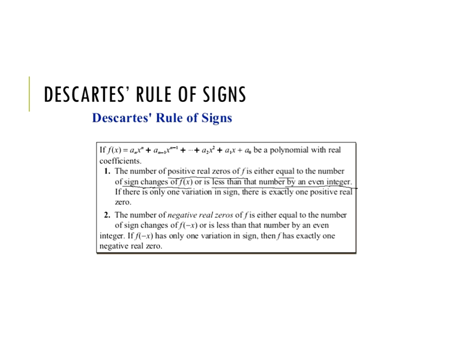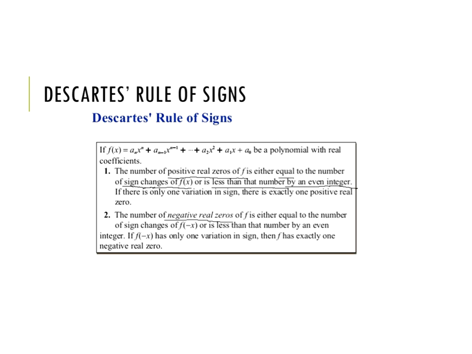So if you count the number of sign changes in the original function, let's say you get 3. You could have 3 real zeros, or if you subtract an even integer from that, like 2, you could have 1 positive real zero as well.